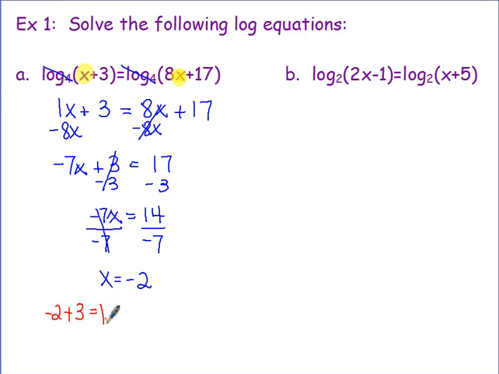Well, it equals a positive 1. That's a positive, which means it works in this log. I'm going to check it here. 8 times negative 2 plus 17. Well, 8 times negative 2 is negative 16, and negative 16 plus 17 is positive 1.